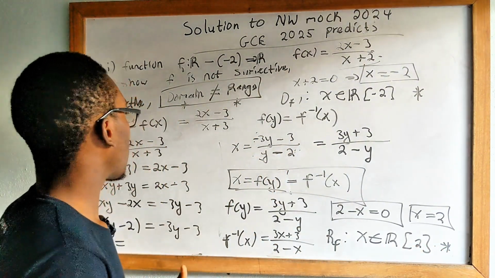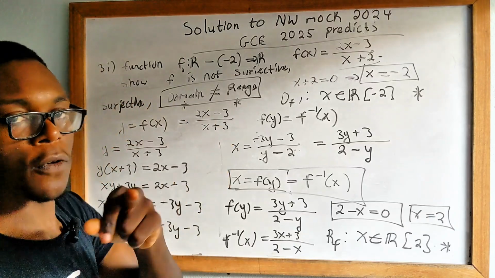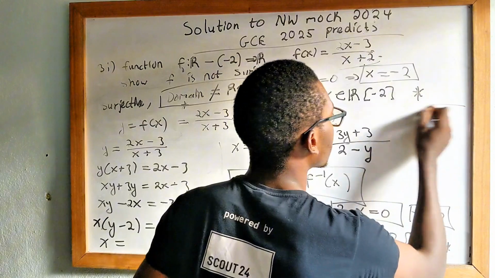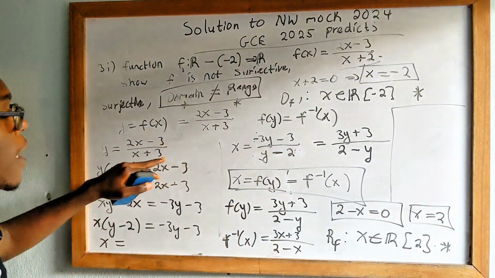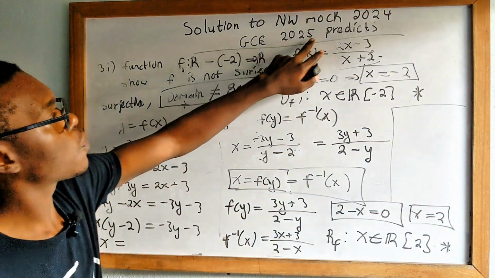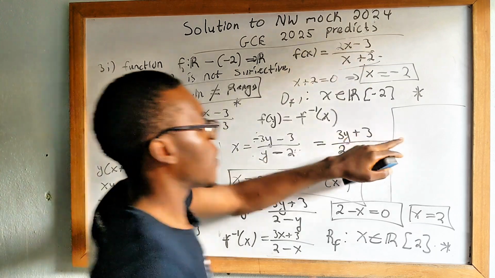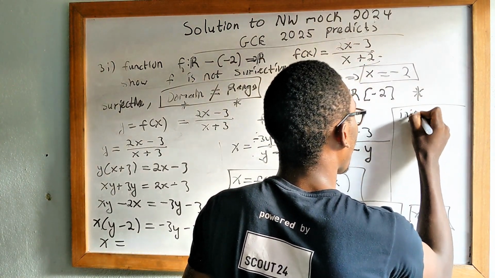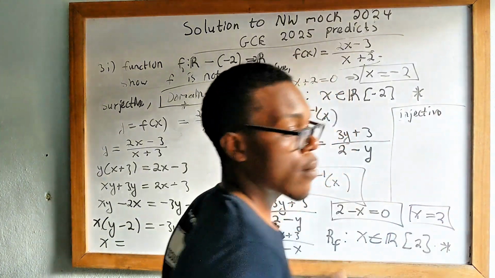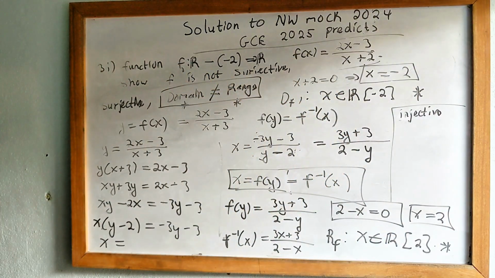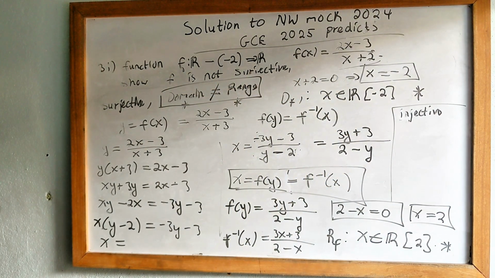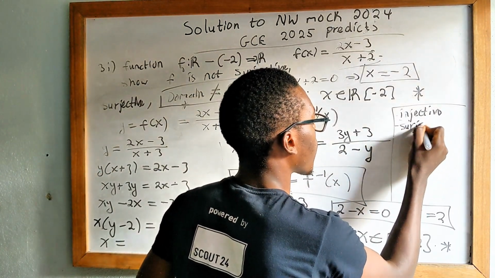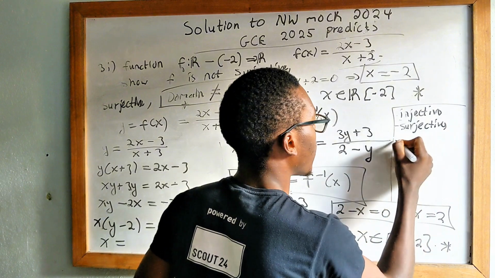That's amazing. Okay, let's talk about injective function, because when you talk about surjective, you have also to talk about injective. That was not in the question, but let's just do it. It can come in the GCE, you don't know, because you're also solving 2025 prediction. We talk about the injective function, surjective, and bijective.